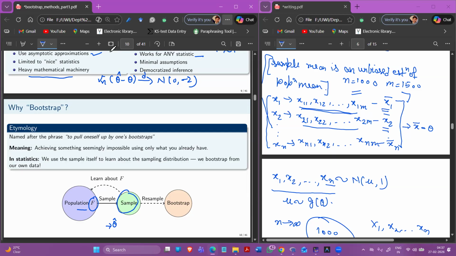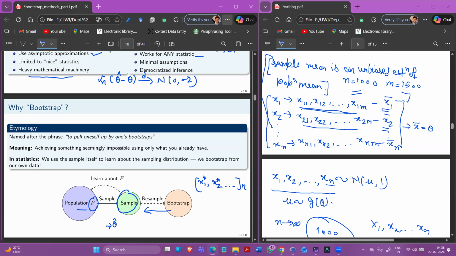Now we draw the bootstrap sample, that is, a sample with replacement from the sample, and each bootstrap sample has size n. We take samples x1 star, x2 star, and so on, each of size n, right?